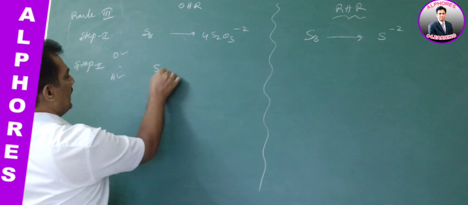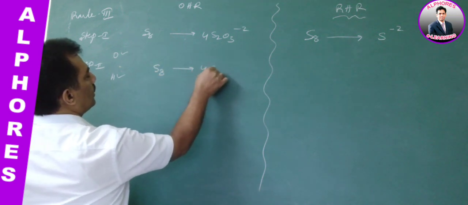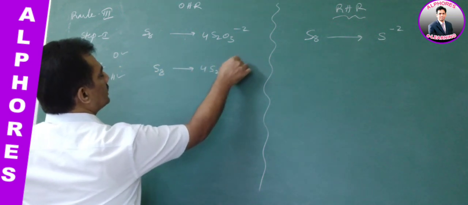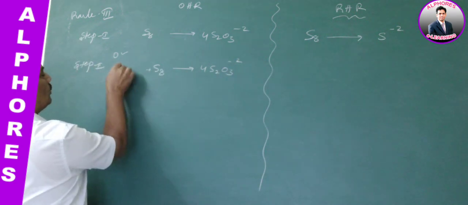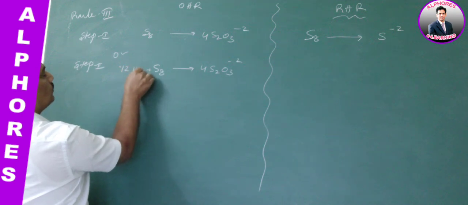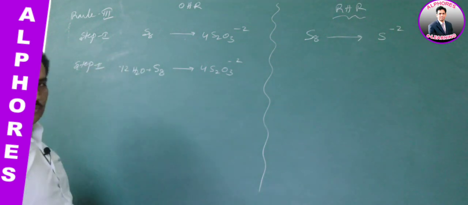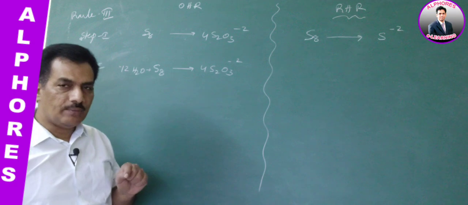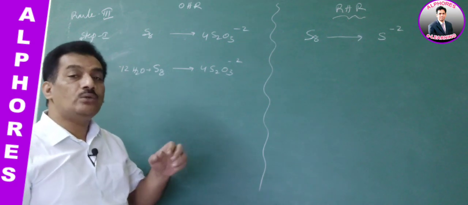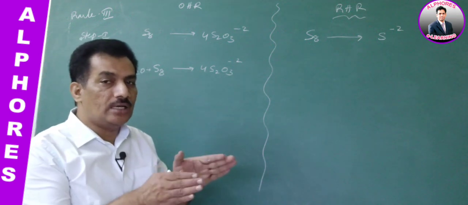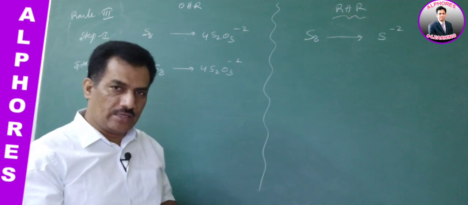It is S8 giving 4 S2O3 minus 2. Now to balance oxygen, we are adding 12 H2O. Then in the second step, we have to add water equal to the net number of hydrogen atoms.